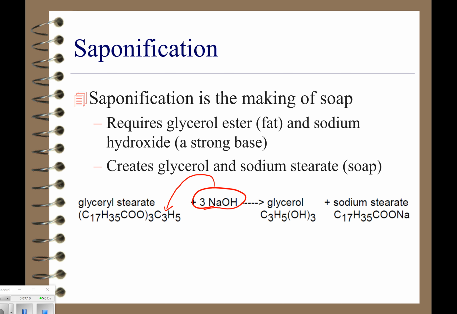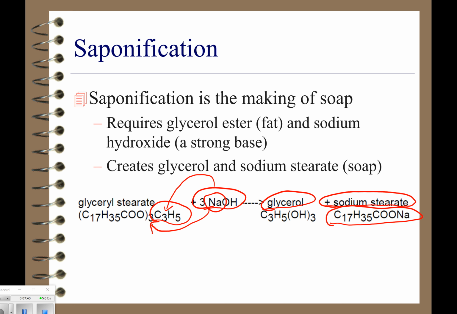And it's going to create two different products: the sodium stearate, which is our soap, and glycerol, another byproduct. And this sodium stearate, which is written in its condensed version here, comes from the glycerol stearate, which had the end removed by the sodium hydroxide, and the sodium attaches to the end of this molecule.